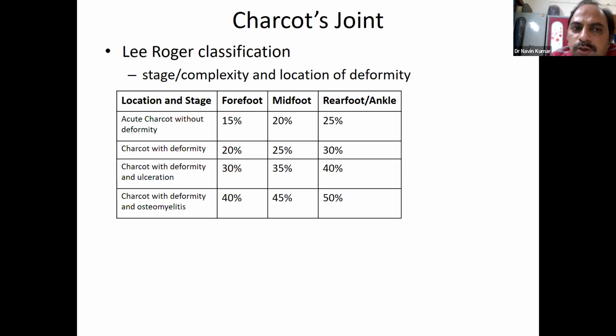The Lee-Rogers classification has to be used, and we have to do an X-ray and see how much deformity or destruction in the foot is there. Accordingly, forefoot, midfoot, and rearfoot. Though we are adding all this, we should not go beyond 100.